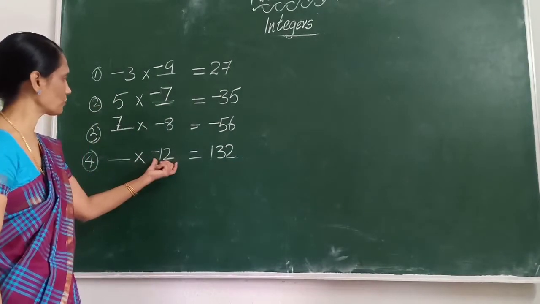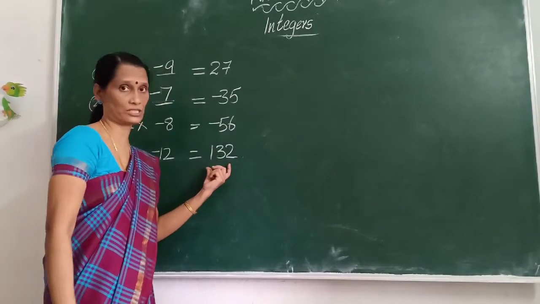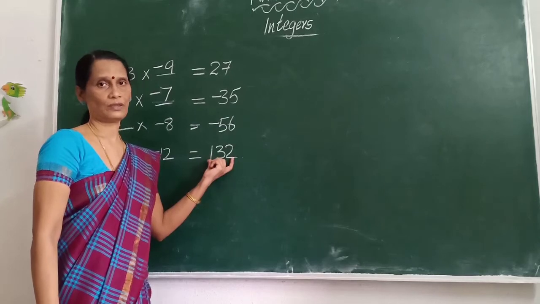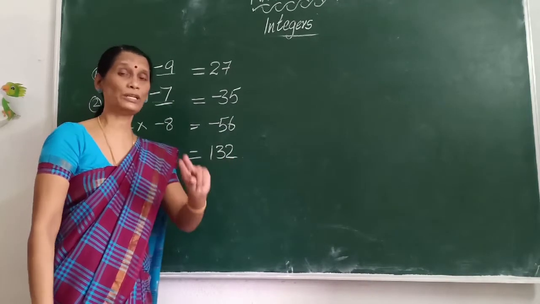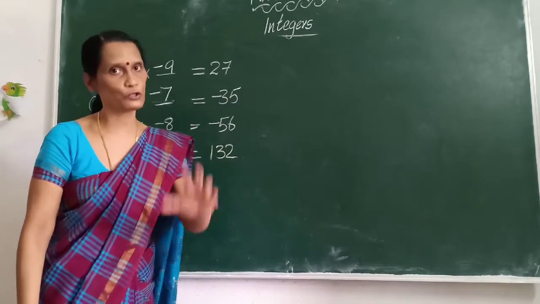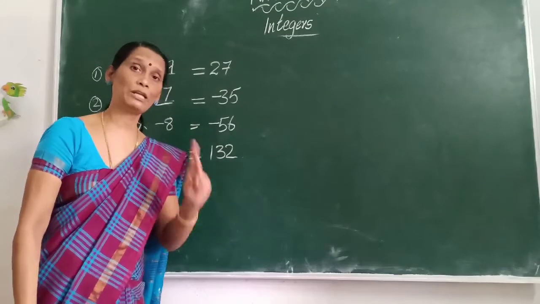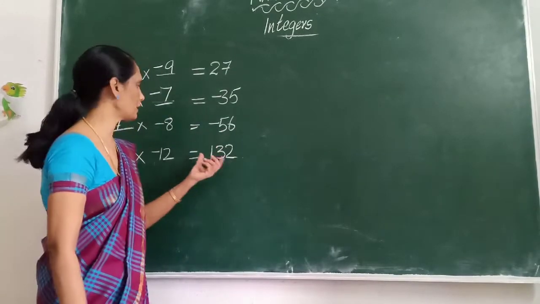Okay, next one more question. Here the product is positive. So first of all we should look into the product. So how will we get a positive product? When two numbers are positive, a positive into positive is always positive. And when we multiply two negative numbers, negative into negative, then also we will get a positive number.